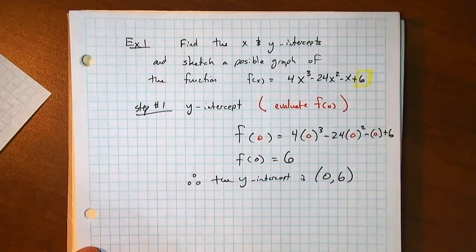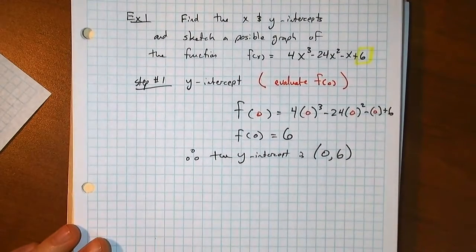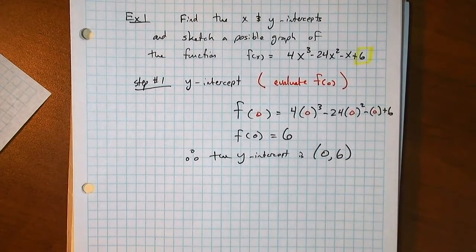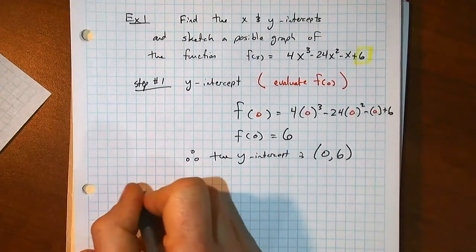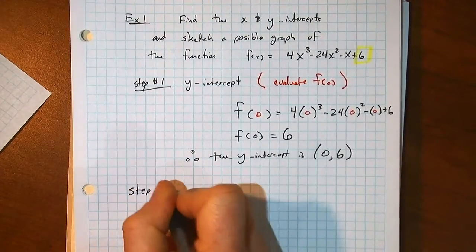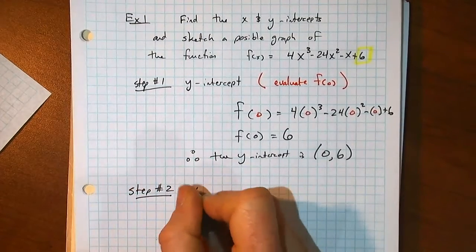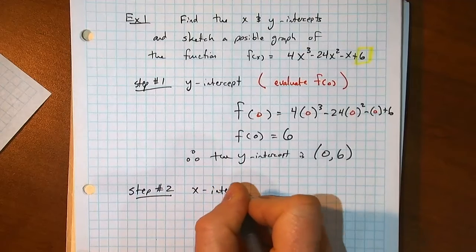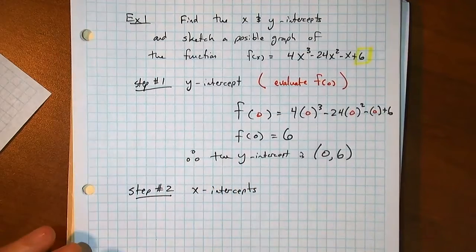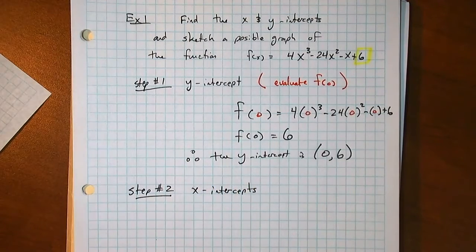Now, of the 3 parts that we're finding, the x-intercepts, the y-intercepts, and the end behavior, I typically do x-intercepts next. Even though it's usually the hardest, I typically do that next. And I'll be honest, the reason why I do that one next is just because I typically forget about end behavior until the time comes to actually draw the graph.